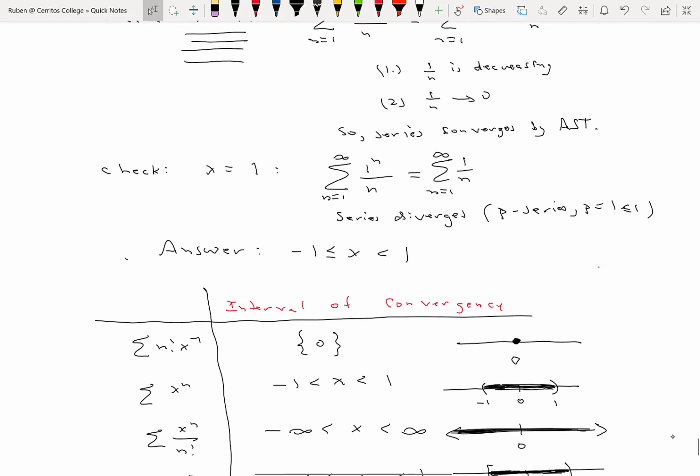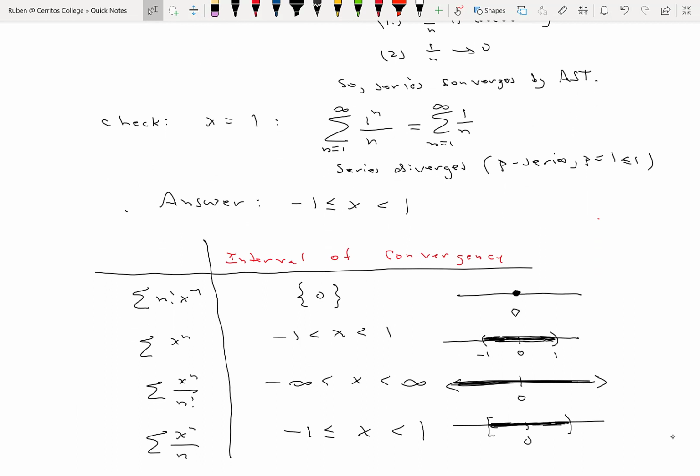I'm going to summarize that in a minute. The last one that we just looked at was still convergence in a half open interval centered at 0, but we got convergence at one of the endpoints. These ideas generalize.